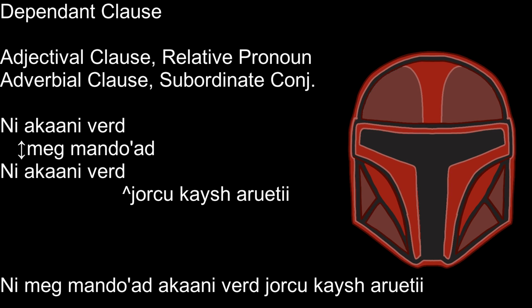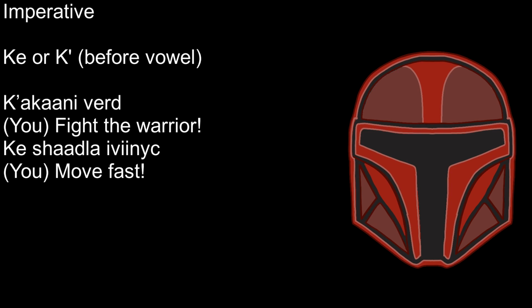And there you go, that's the basics of making a declarative sentence. Pretty much everything you just learned carries over to the other types of sentences. In an imperative sentence, the same structure is used. You just add que to the beginning of a statement to make a command.